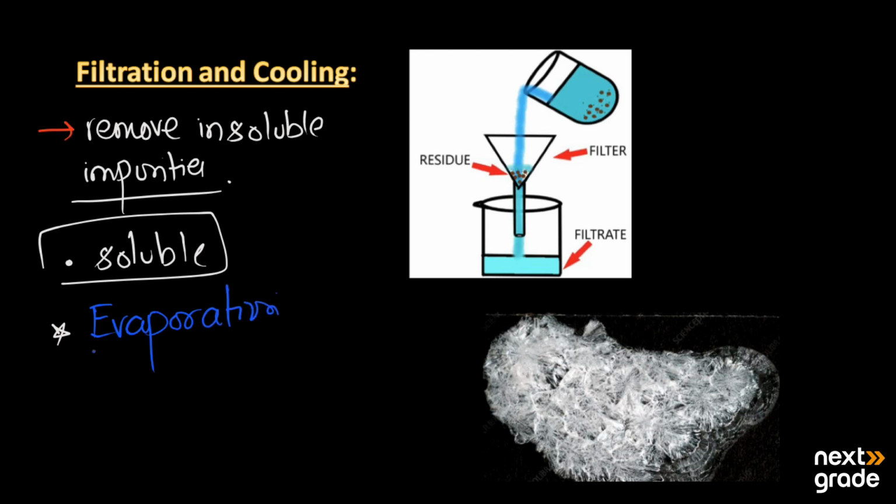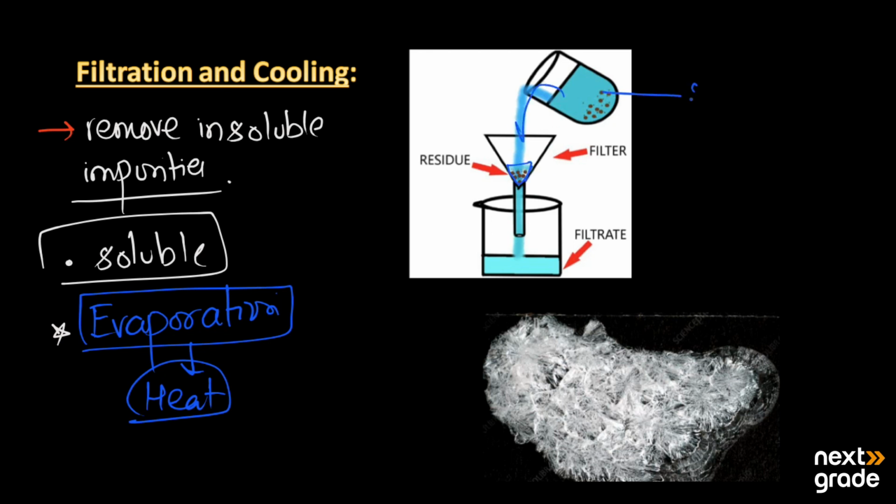When we do the evaporation, we need to heat the solution. So here we are going to do the filtering. We will use the filter paper and pour that saturated solution. Now the insoluble impurities will be left over there in the form of residue, and we gain the filtrate.